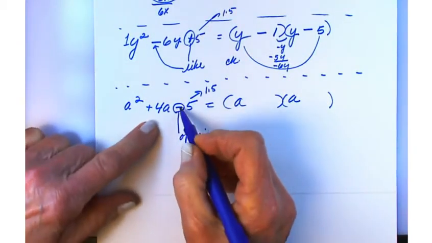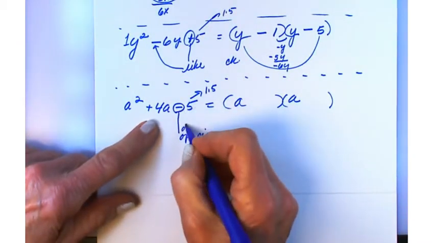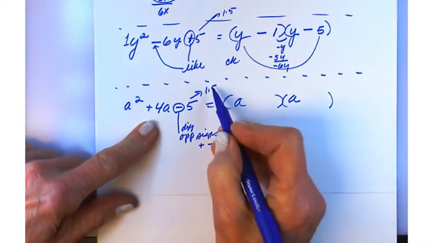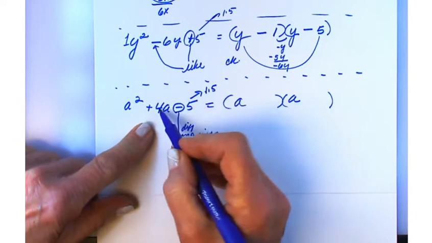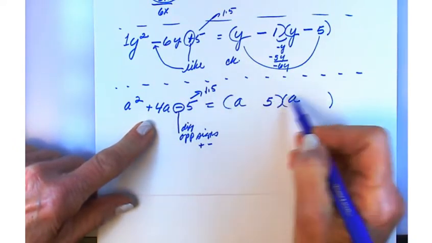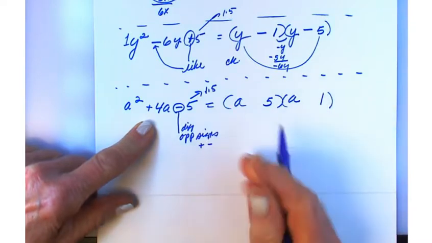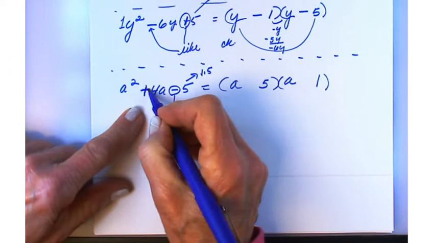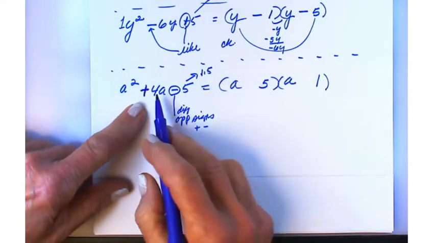You could say to yourself, that tells me I need a difference of two numbers. So we say 5 minus 1 is 4. I need to know which one to make positive and which one to make negative. So I look at the middle sign, it's positive.